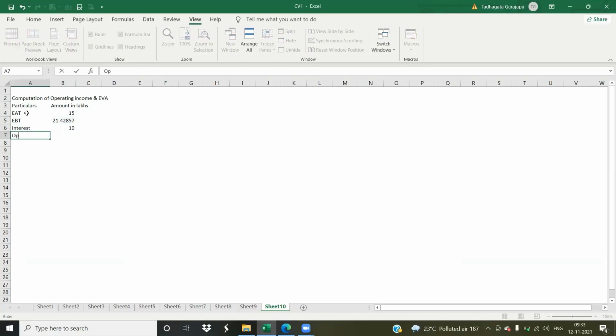So operating income is equal to interest plus EBT.